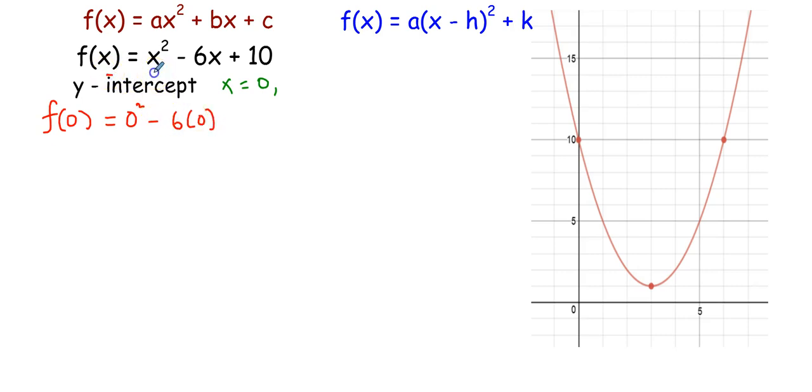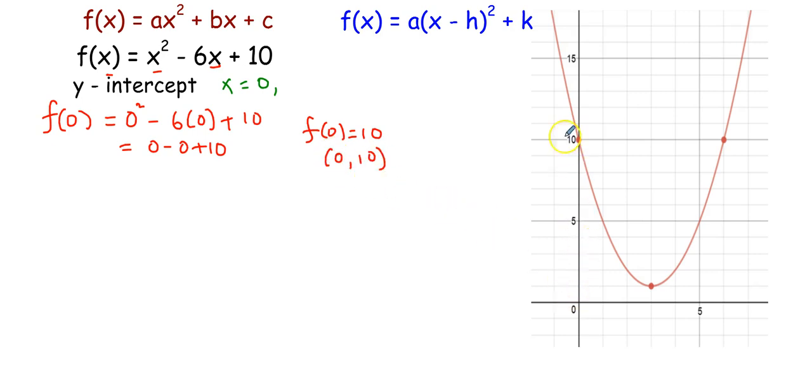Wherever x is there, I am substituting 0, plus 10, that is 0 minus 0 plus 10. So your f of 0 is equal to 10. Hence your y-intercept is 0, 10.